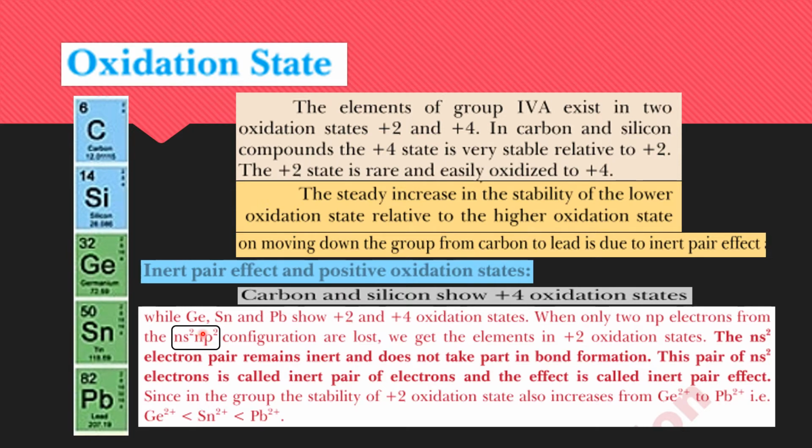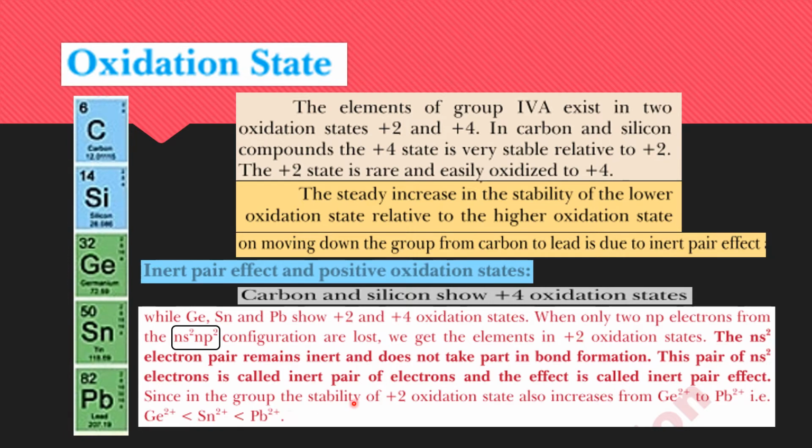With the release of these 2 electrons, their oxidation state will be +2, but these ns2 electrons remain intact. So the s orbital is completely filled and does not take part in bond formation, and due to this, these s2 electrons are called the inert pair electrons, and this effect is called the inert pair effect.